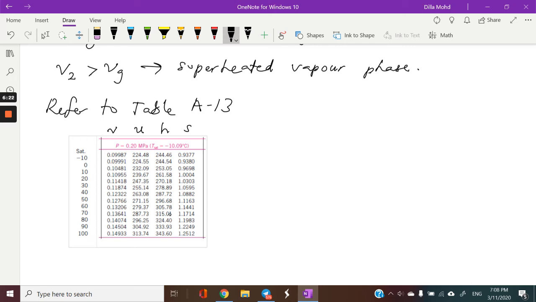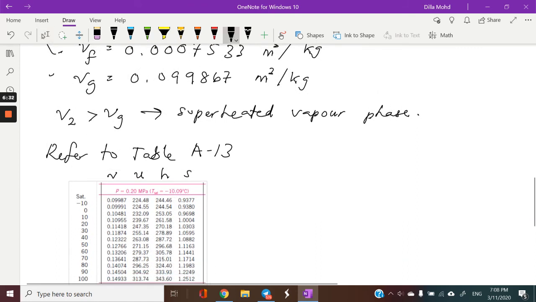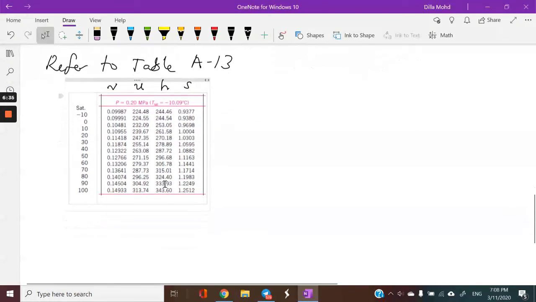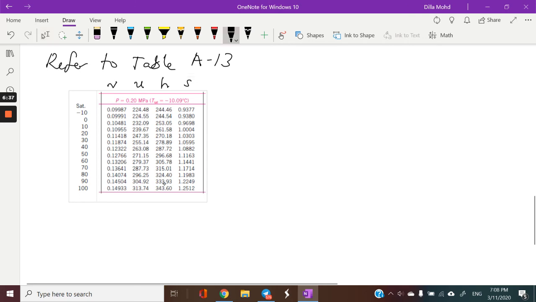Let's look at the specific volume and try to find a value equal to our actual v2, which is 0.1115. We don't have the exact value, but we know our specific volume is in between these two values. So you need to do interpolation to get your temperature.